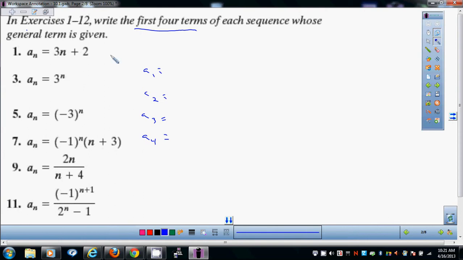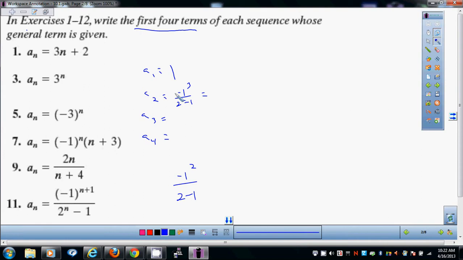So, for number 11, a sub 1 would be negative 1 to the 1 plus 1 power over 2 to the first minus 1. So what's negative 1 squared? Positive 1. 1 over 1 would be 1. A sub 2 would be negative 1 to the third power over 2 squared minus 1. What is that?